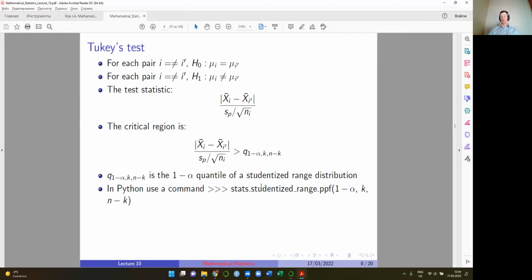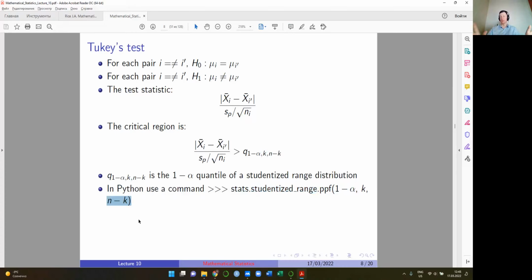In Python, we apply the following function. It's the same as usual. We take the library stats, we take the function ppf, but now we write the name of a distribution here, studentized underscore range. We provide the value of the quantile 1 minus alpha, so k the first parameter, and n minus k the second parameter.